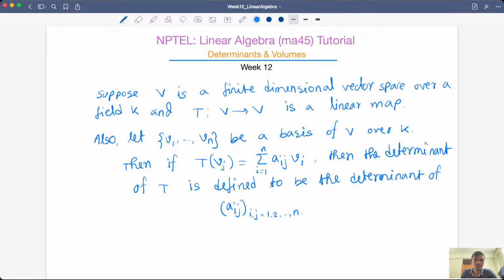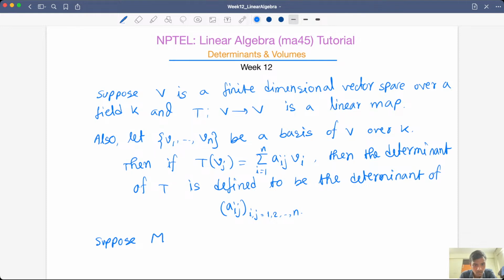Okay, so I just defined the determinant of a linear map, and now I'm going to say how the determinant and volume are related. So suppose we are in the Rn case only.